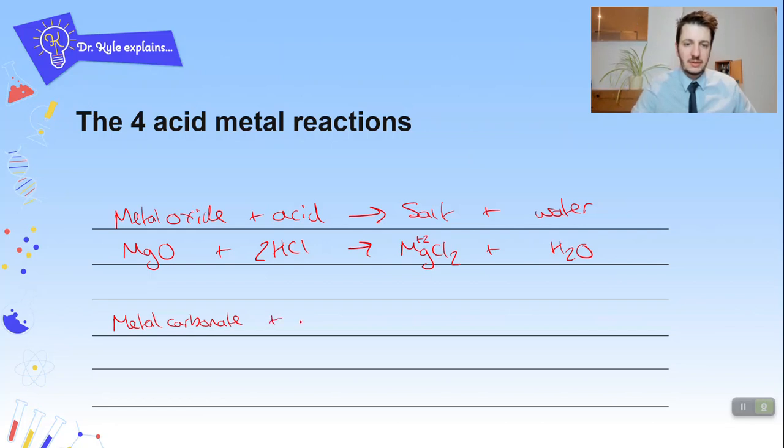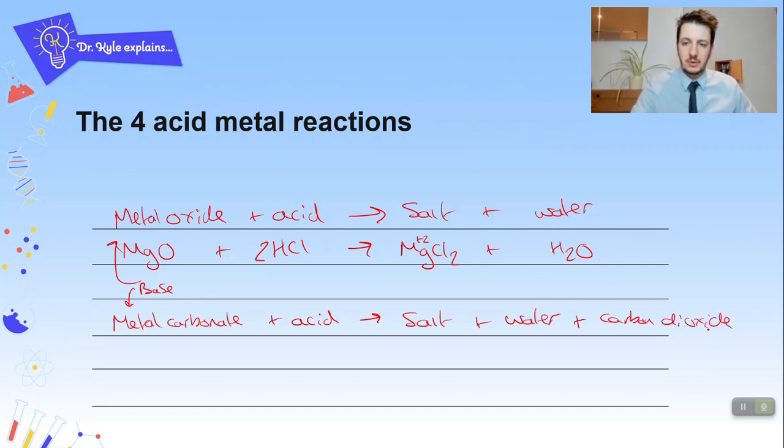plus an acid. Now again, a metal carbonate is also a type of base, so both these here are bases because they're neutralizing acids. And therefore, if we're neutralizing our acid, what are we going to make? We're going to make a salt plus water, but because it's a carbonate, we're also going to make carbon dioxide.